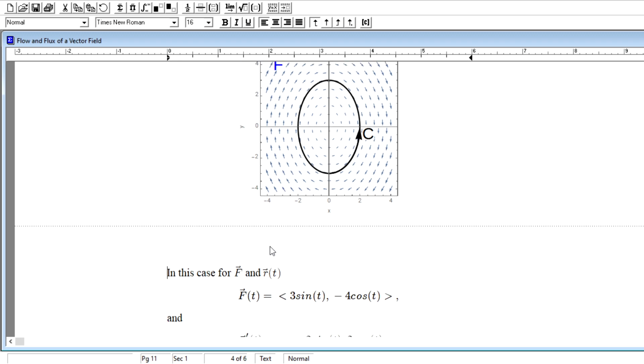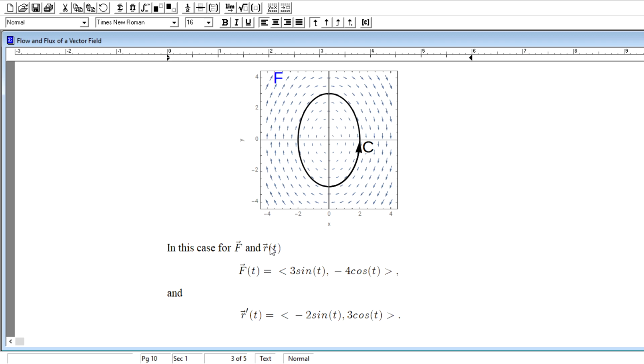We might note, in the case of this f bar and this r of t, you can see here I did redefine f of t in terms of y being 3 sine t and x being 2 cosine t, which would produce negative 4 cosine t in our description of f of t.